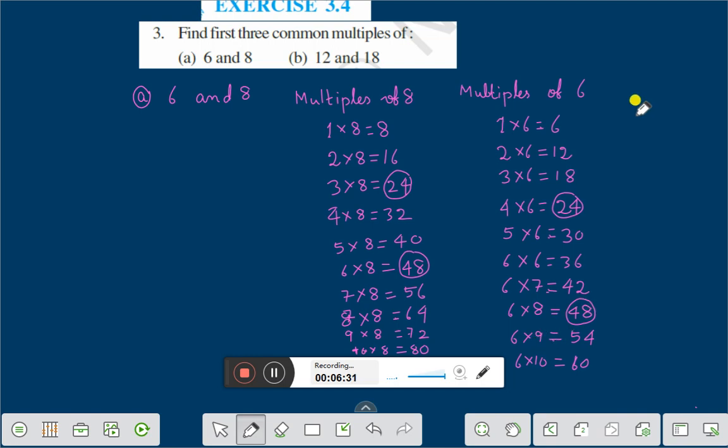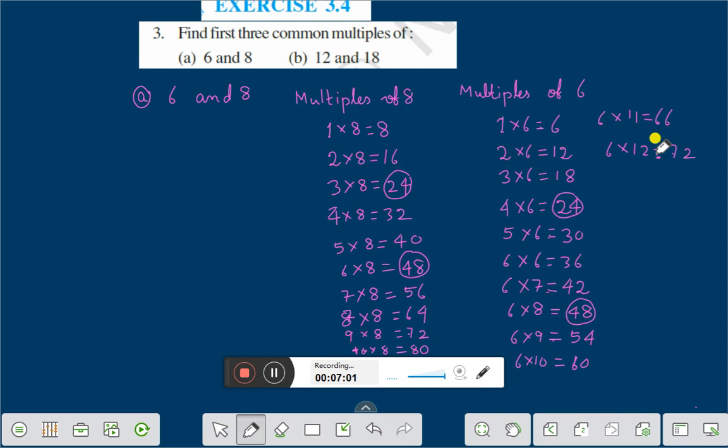Then we will find another multiples, that is 6 into 11. 6 11 is 66. 6 into 12 is equal to 72. And we have to further find the multiples of 8 also.